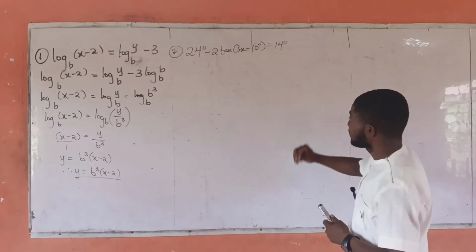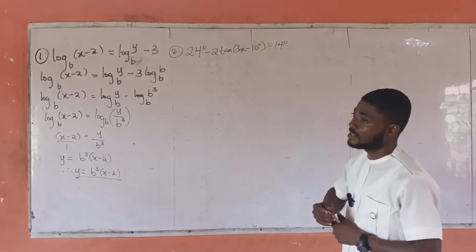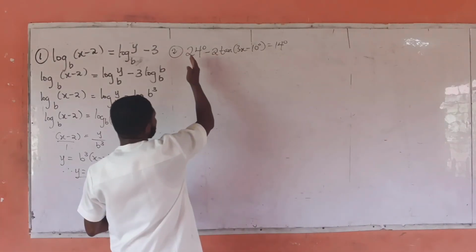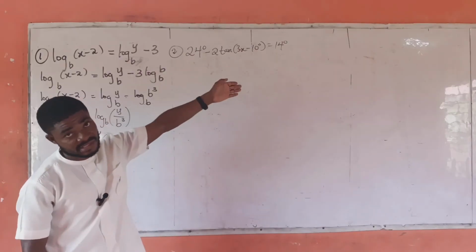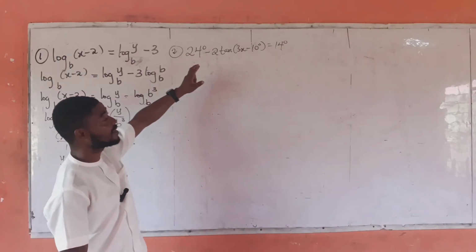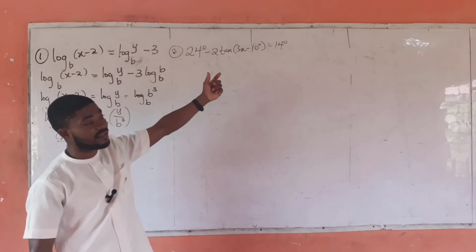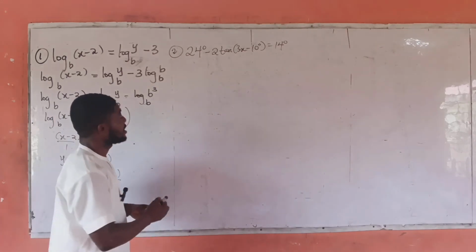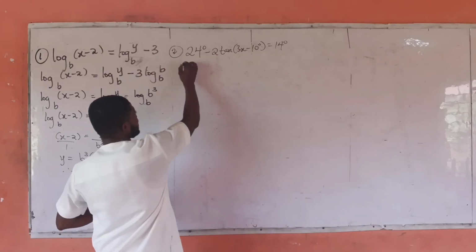We have to find correct to the nearest whole number the value of x. So either we shift the 24 to the 14 side, or we bring the 14 to the 24 and take away the 2 tan(3x minus 10) to the other side. Either way, you should get the same answer.